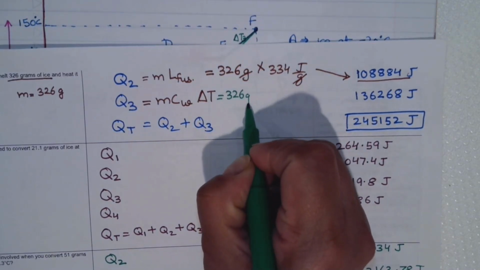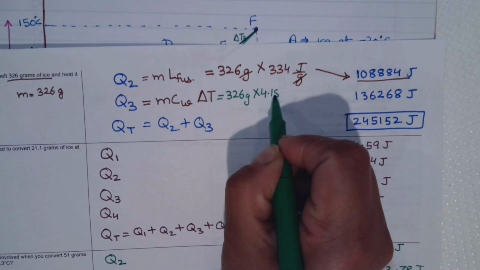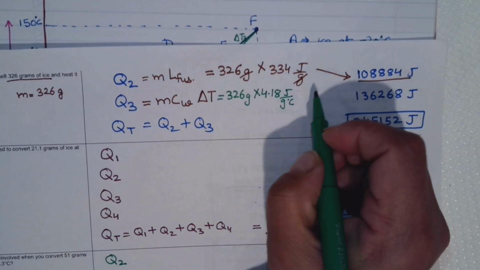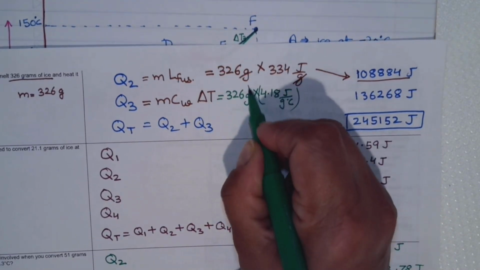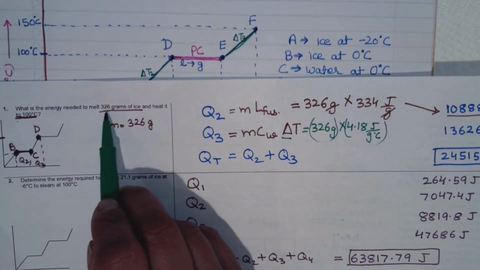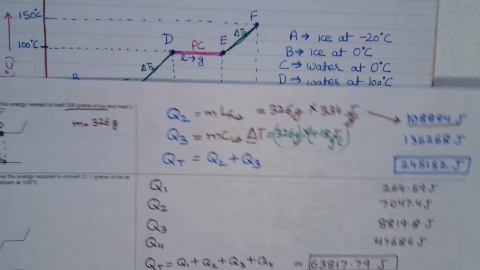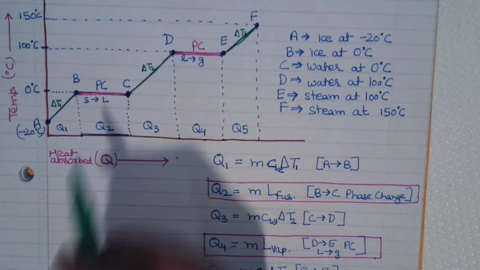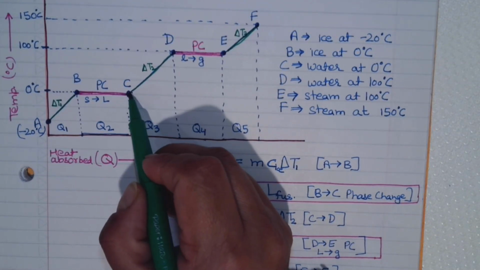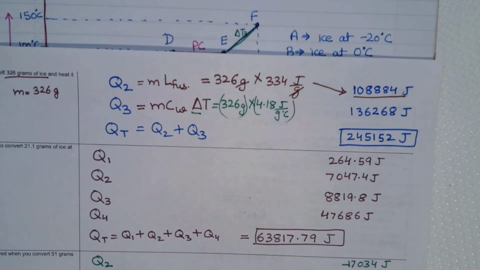326 grams times specific heat of water, which is 4.18 joules over gram times Celsius, and then delta T. Since we are starting at 0 degrees Celsius, so what is C? C to D is 0 degrees Celsius water to water at 100 degrees Celsius, right?